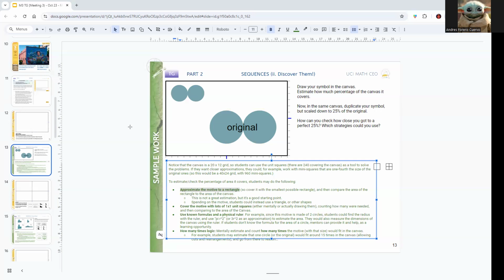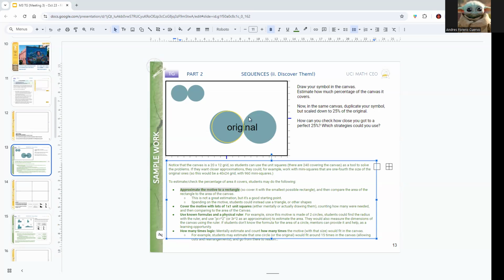Duplicate, make copies of my original shape inside the canvas to cover the whole canvas. Of course, I cannot do that unless I have really nice rectangles or triangles, things that tile the plane or tile this big rectangle, big canvas. But even if I cannot do it, I can think about it. And so let's do it.